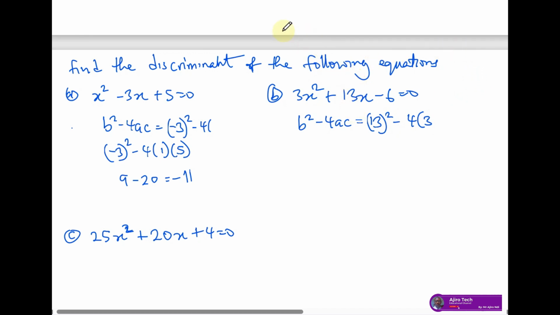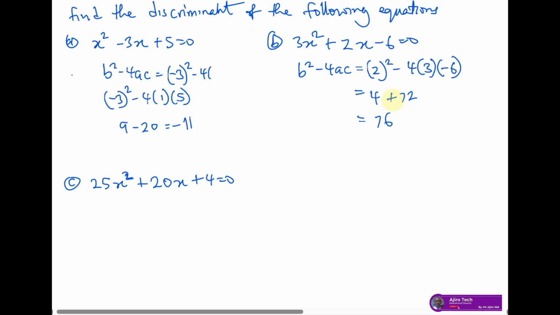Let me go back. I make it 2. Minus 4ac. 4 into a is 3, c is negative 6. So I'm going to get 4 here. Minus times minus is positive. This gives us 24 times 3 is 72. This is 76.